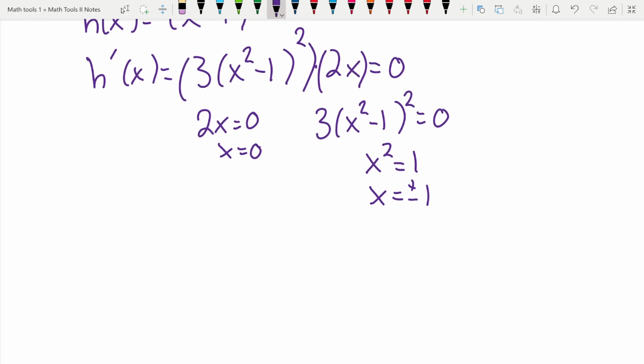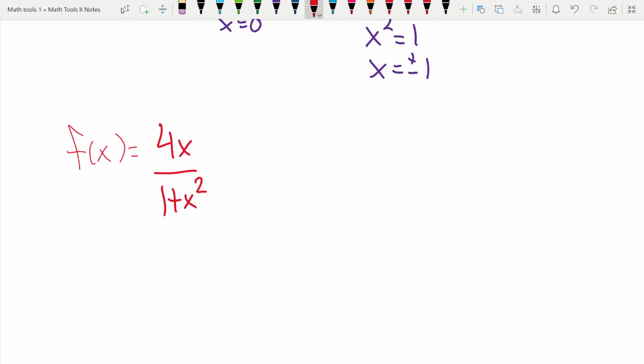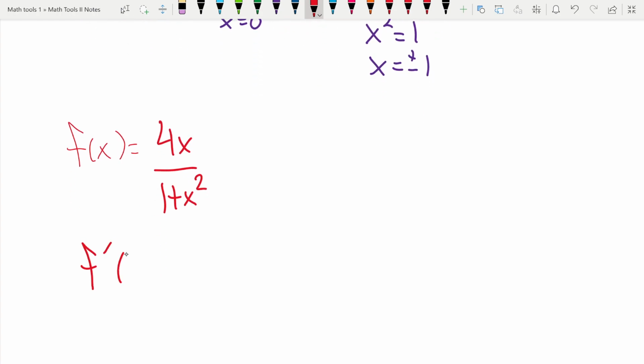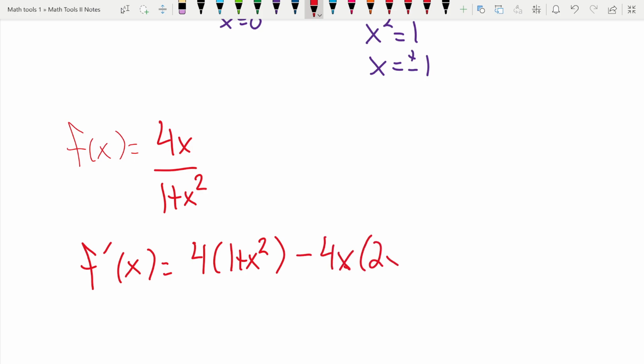All right, let's do this one, f of x equals 4x over 1 plus x squared. We'll need the quotient rule here. F prime of x then equals [4 times (1 plus x squared) minus 4x times 2x] over (1 plus x squared) squared.